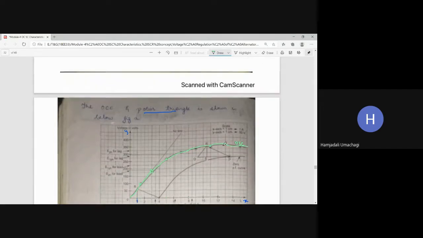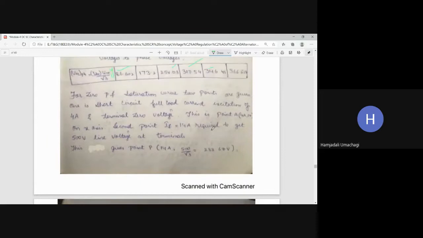And now your next work is to plot the ZPF curve. For the ZPF curve, we have 2 points. Point A is the short circuit condition, 0 volts, 4 ampere.